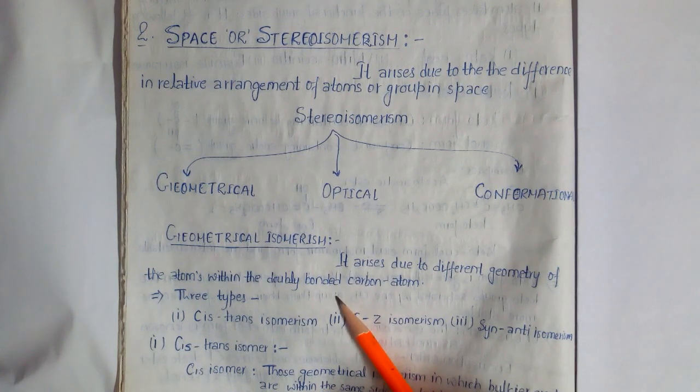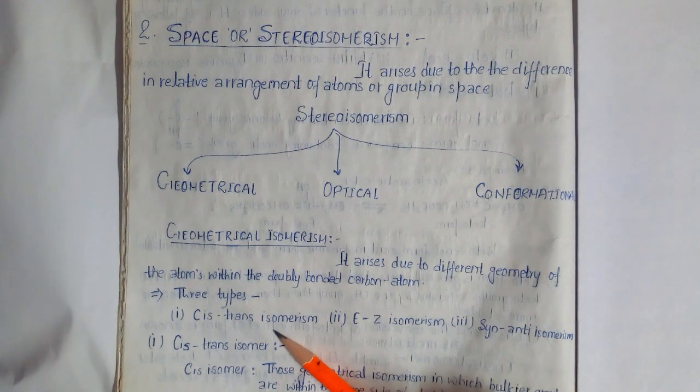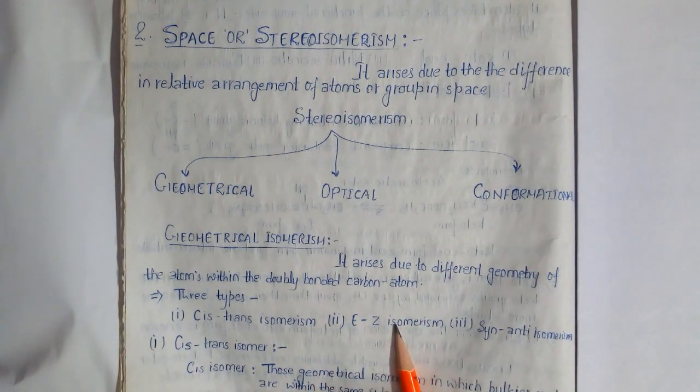On this basis, it can be further classified into cis-trans isomerism. It mainly arises in doubly bonded carbon atoms. Second one is E-Z isomerism. It also arises between doubly bonded carbon atoms. What is the basic difference between these two?